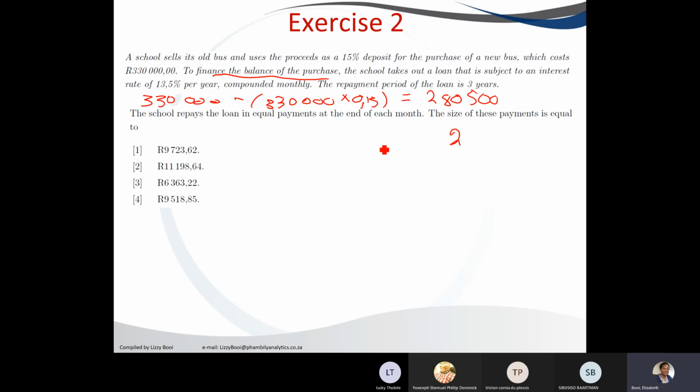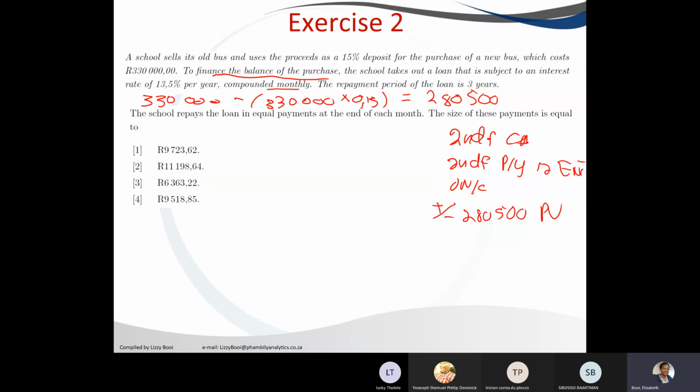Now we go and say second function CA on our financial calculators. Second function P/Y, it's compounded monthly, so that will be 12. ENT, on and off your calculator. And then plus or minus 280,500.